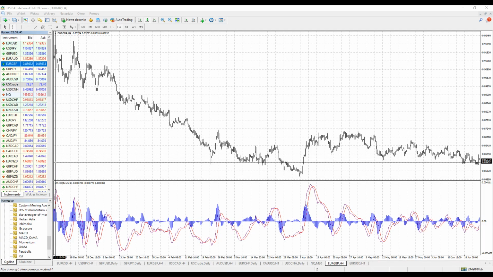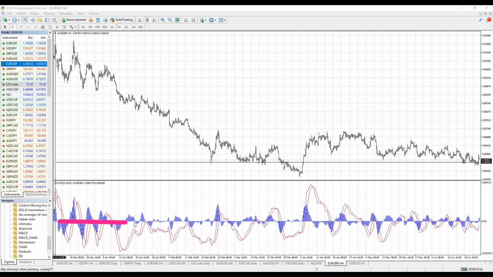When it comes to the basic stuff, the MACD might be used based on the zero crosses, and when we are talking about the zero crosses, that's the midline over here. Let me make it a little bit bigger for you to see.